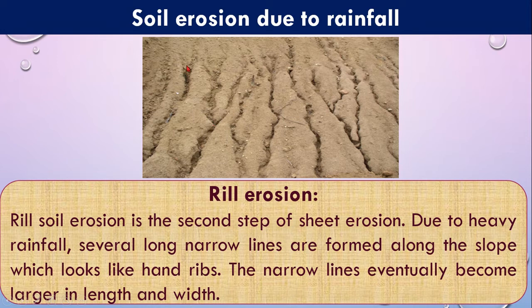So when you observe this type of figure in the soil, that is the second step of soil erosion. That means the first one is sheet erosion, the second one is rill erosion. After sheet erosion, when the water flows from the higher slope to the lower slope, the upper surface moves from one place to another, and slowly it makes this type of rip like a channel or drain.